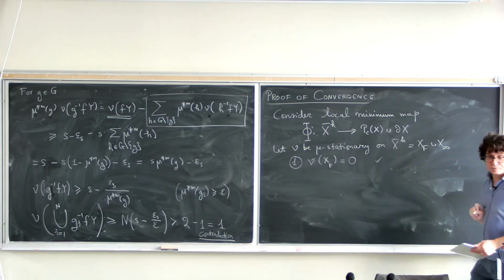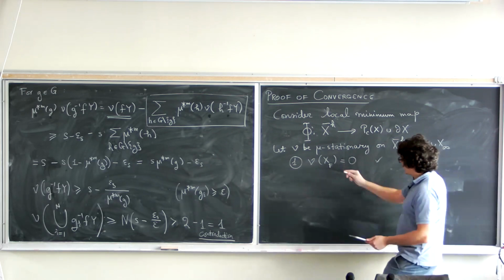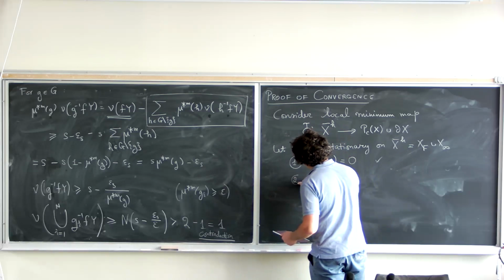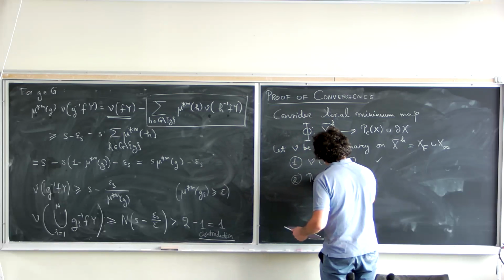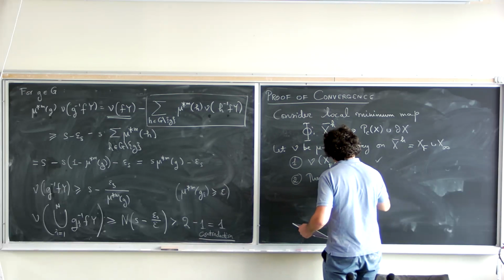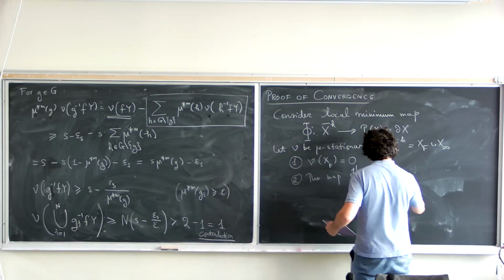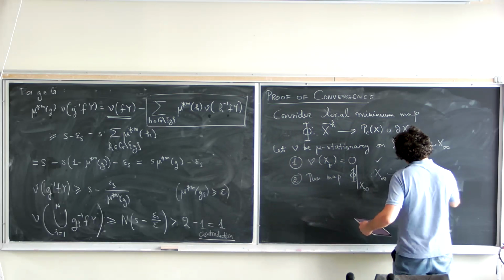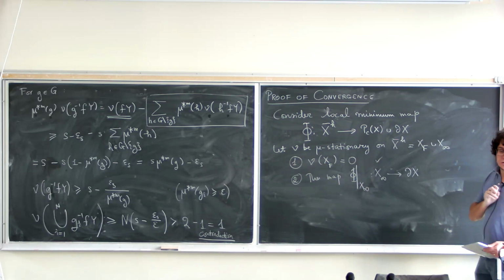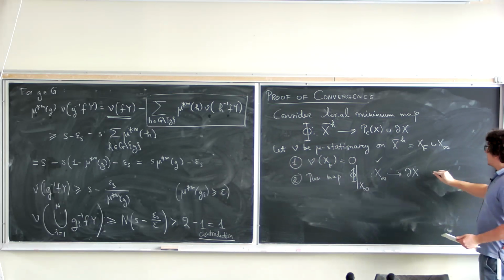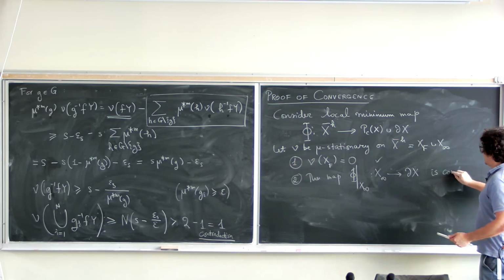Now this is good. The second part is that the map phi restricted to X infinity is a map from X infinity to just the boundary, and this one is continuous.